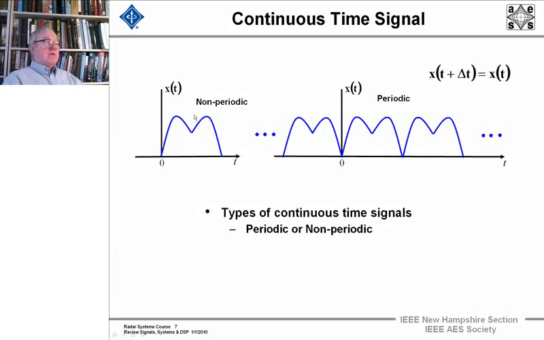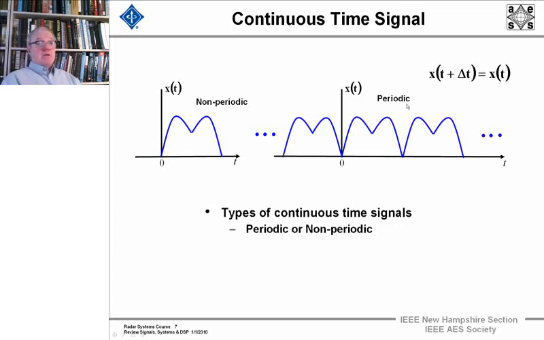Okay? Now, if we add periodicity, horse of a different color. This is a non-periodic signal in that the x of t is 0 before 0, then it's non-zero, and then it goes down to 0 after; let's call capital T the length of the signal.